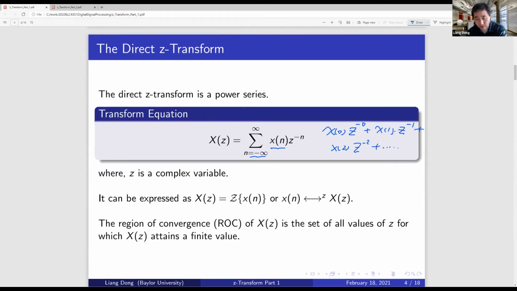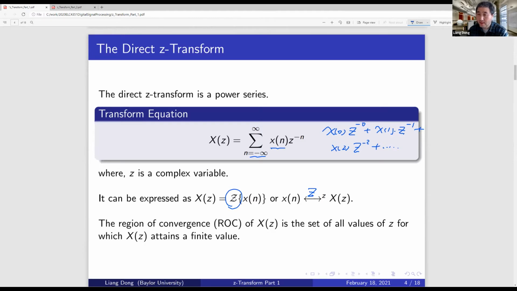If it's a causal signal, I only have values for n greater than or equal to 0. So it looks like that. It's a power series. And this can be expressed as an operation Z working on the function x[n], or we simply put a connection symbol with z on top.